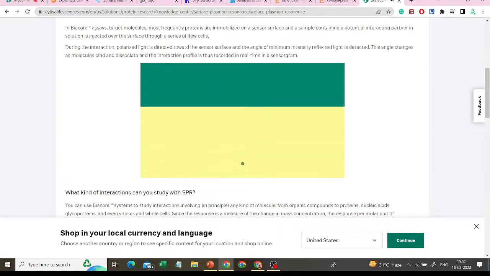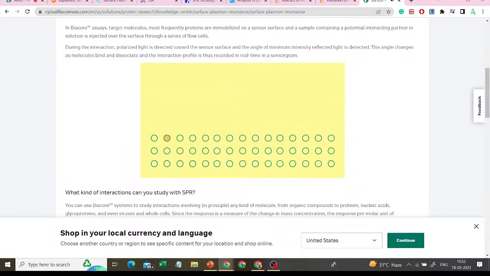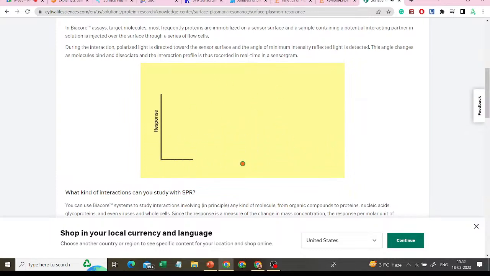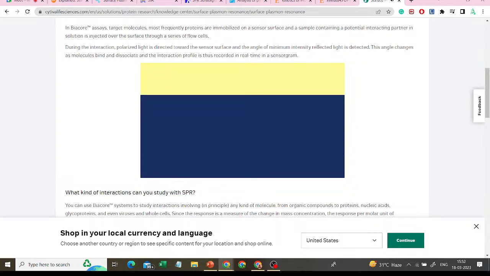Biacore systems utilize surface plasmon resonance, or SPR, to detect and quantify binding between two molecules in an automated and highly sensitive process. The SPR detection principle relies on changes in mass and allows you to analyze interactions in real time without the need for labels. This is true for any size of molecule in a pure or complex sample.